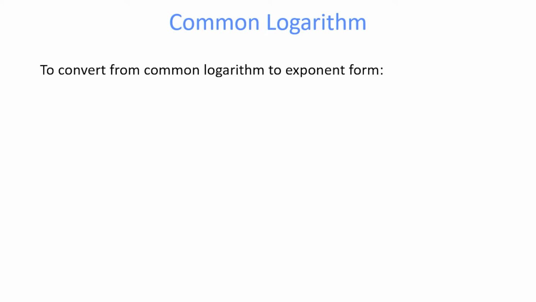I hope you all remember the definition of logarithms. So you would also know how to convert a common logarithm to exponent form. If we have log x = y, that means 10 to the power of y equals x.